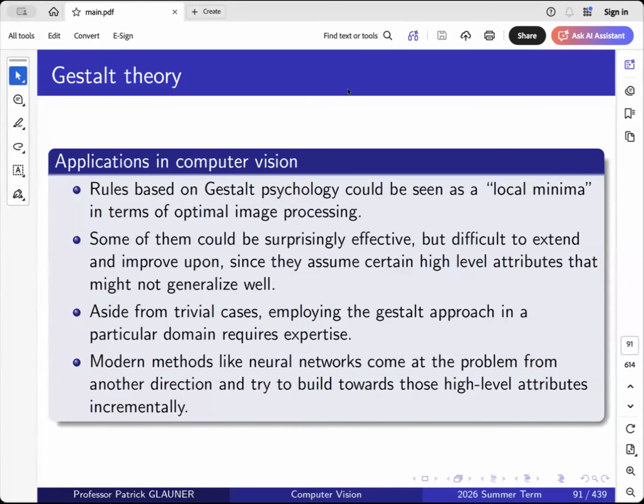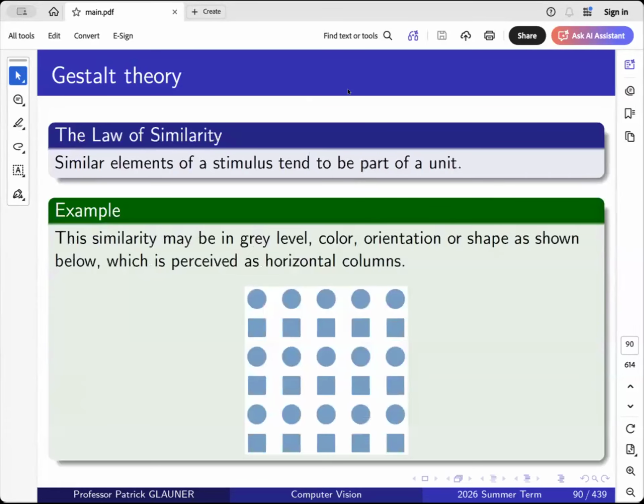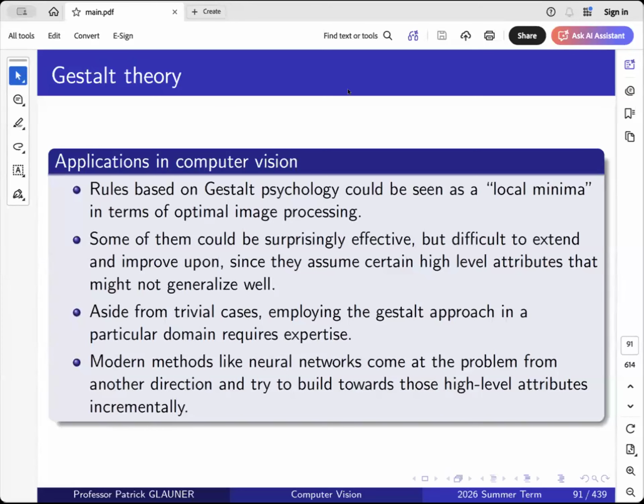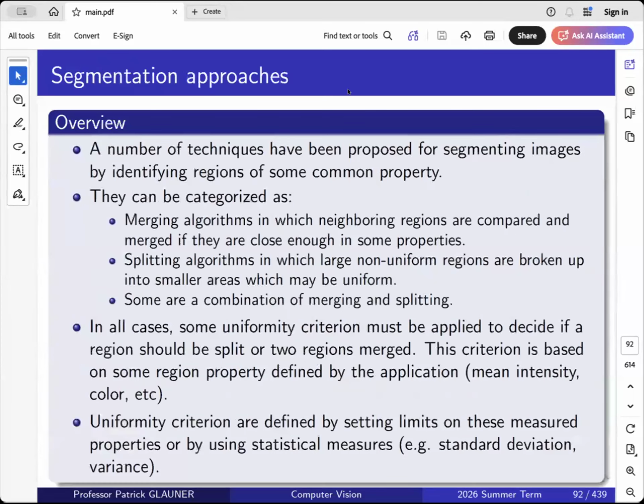That's why I just briefly mentioned it, but I think it still provided us some insights into how we as humans perceive things, and that could always be an inspiration for certain vision systems. But now we will look at more concrete segmentation algorithms, and we will also later see a concrete machine learning algorithm that we can use for segmentation.